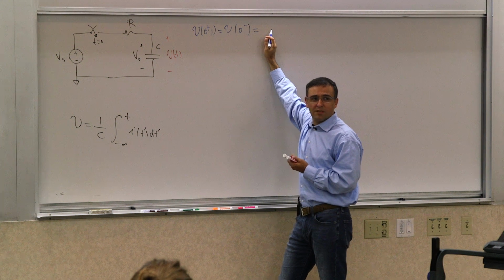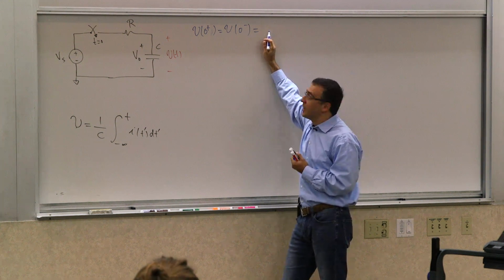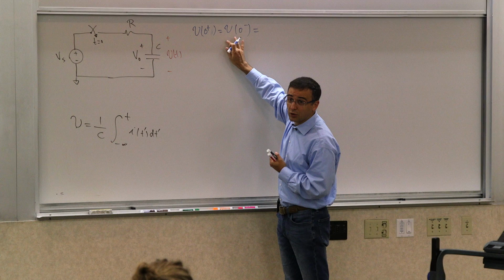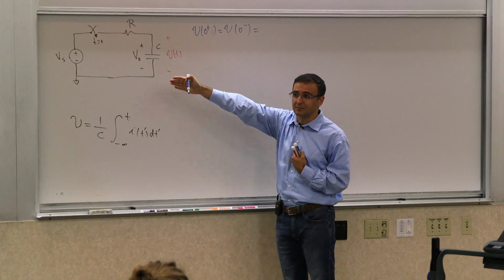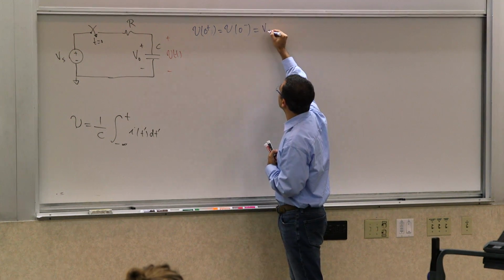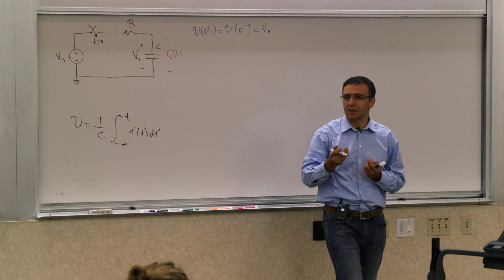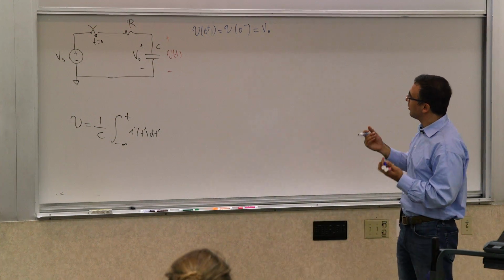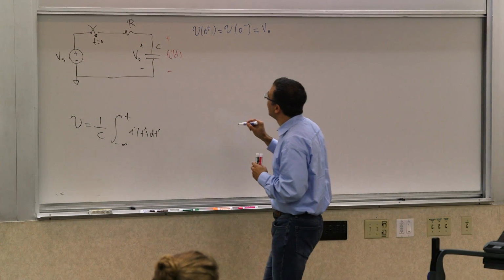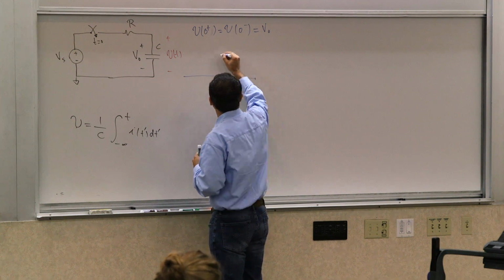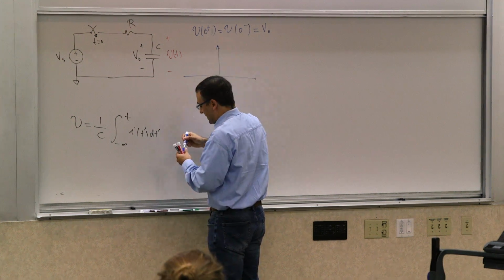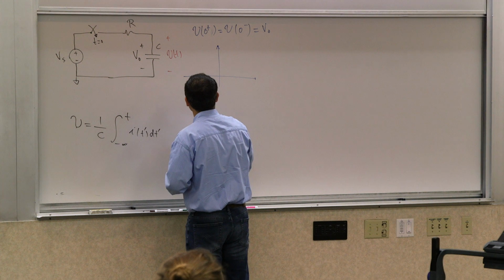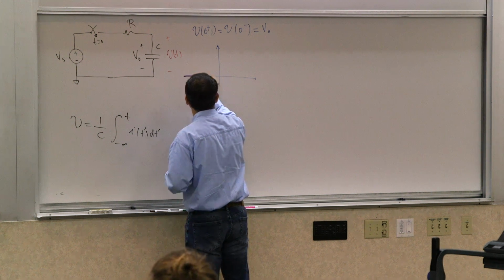So V(0+), after closing of the switch, is the same as V(0-). This is not always true. This is true in this case, which is equal to V0, the initial voltage of the capacitor, right? So that's what the voltage is. So now I know that at that transition time, nothing extraordinary happens in this example. And as I said, this is not always the case.